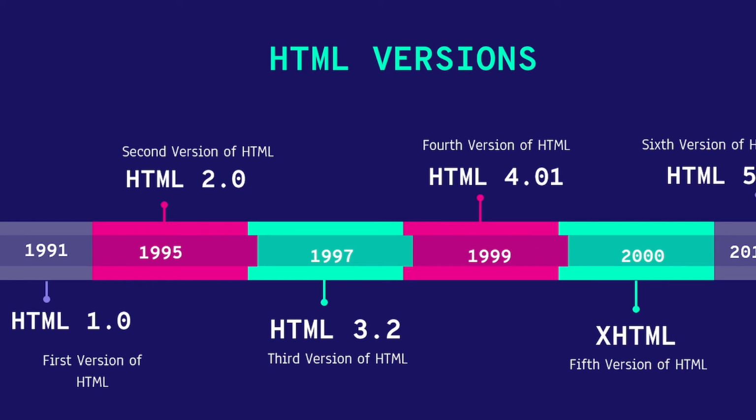Then in 1995, 2.0 came, and in 1997, 3.2 came, and then 4.01 in 1999, and in 2000 XHTML, the fifth version of HTML, came. And this is the sixth version of HTML, which is named HTML5. I don't know why, it is actually the sixth version, but the naming is HTML5. It was launched in 2014, and it is the latest version of HTML.